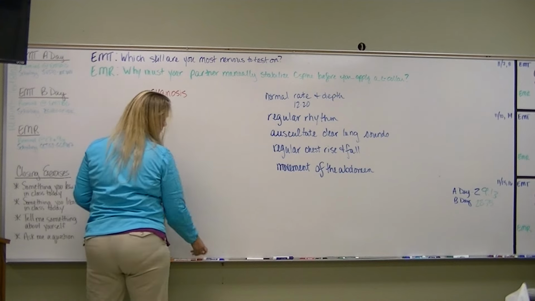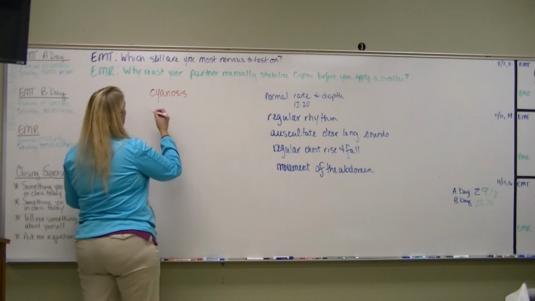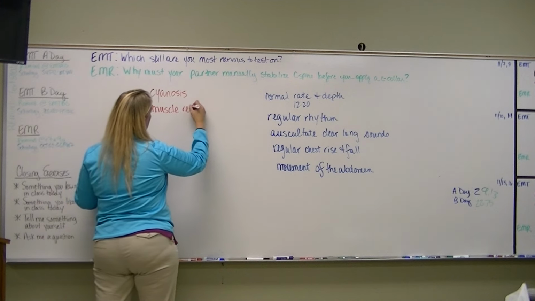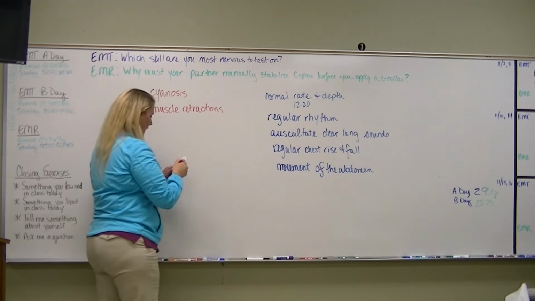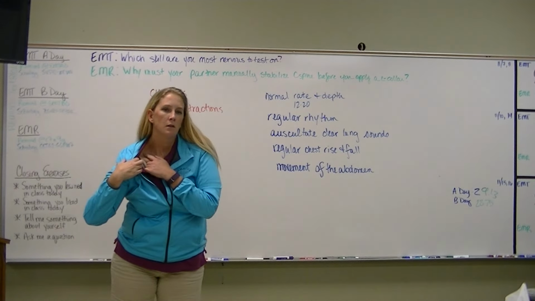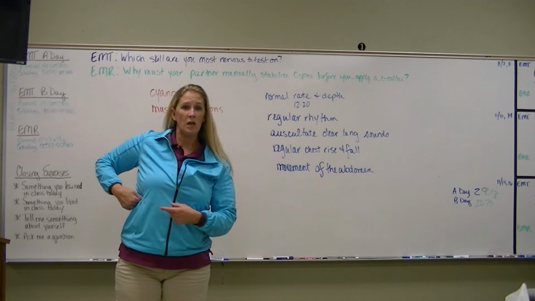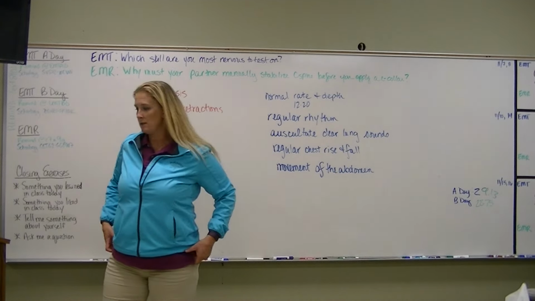Above the clavicles, between the ribs, below the rib cage. Our muscle retractions are going to happen right here. It'll look like that. You have muscle retractions in those intercostal muscles that we were talking about a little bit earlier, and then below the rib cage you'll see some muscle retractions.